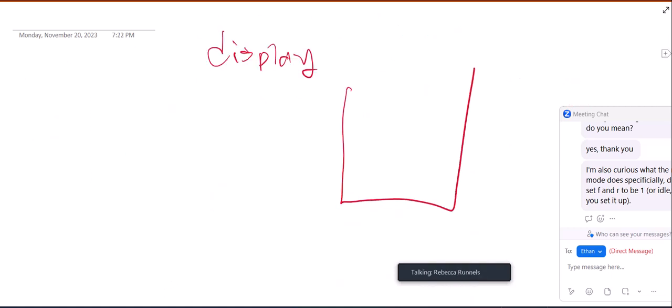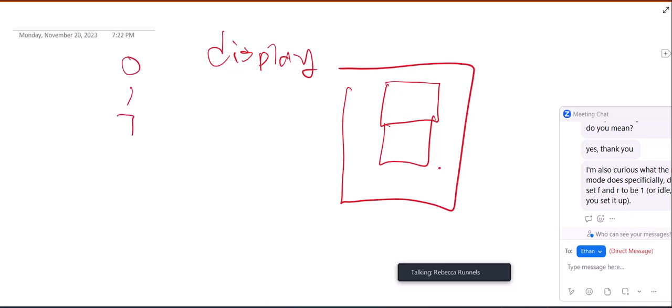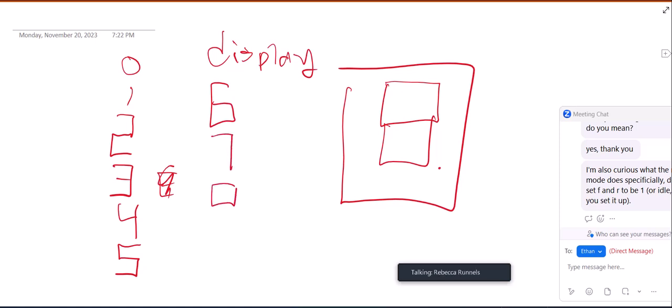And then you display that number. You have your 7-segment display, and you're supposed to keep track for numbers up to 15. So you would have 0, 1, 2, 3. Is that a 3? Or is that a backwards 3? That's a 3. 4, 5, 6, 7, 8, 9, and then for 10, 11, 12, 13, 14, you do hexadecimal symbols.